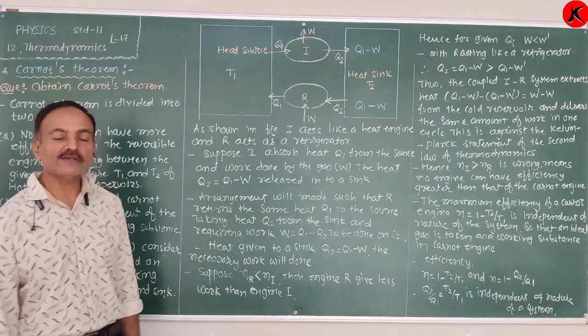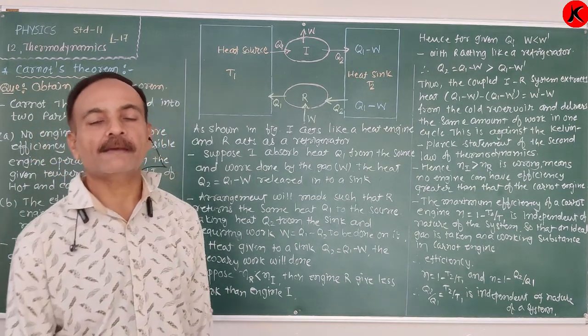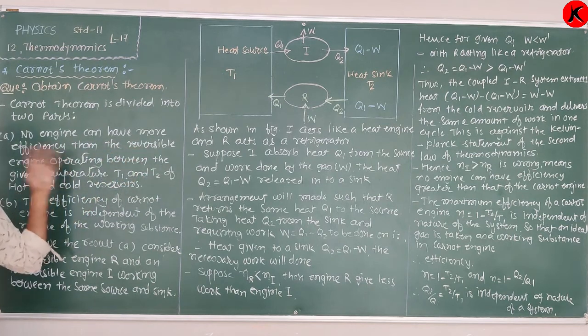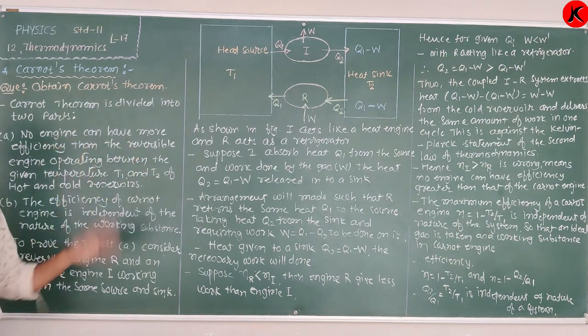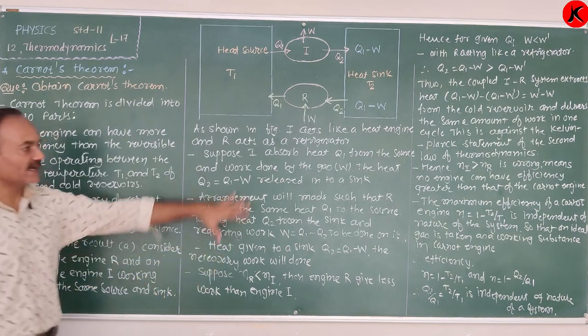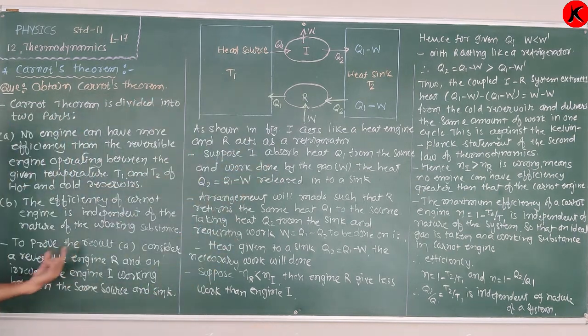After that, we are going to discuss the efficiency. Our statement is that no engine can have more efficiency than the reversible engine operating between the two temperatures T1 and T2. We will discuss this later and revise it again.